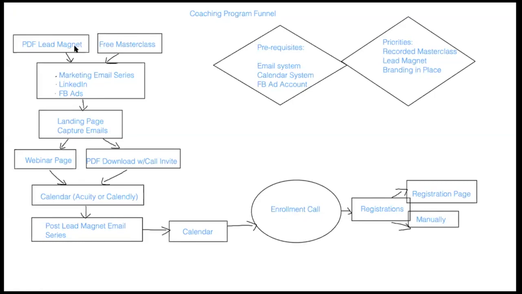Whatever we decide, our next step is that we need to create an email series around our lead magnet. We've got to get it on social media, and we've also got to get traffic. So we've got to be thinking about who we're going to get and how we're going to get them here to get this lead magnet.